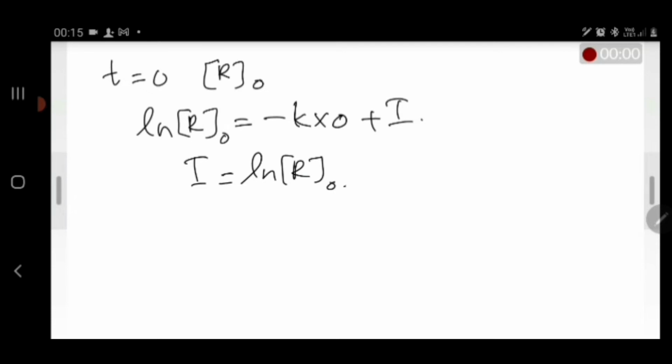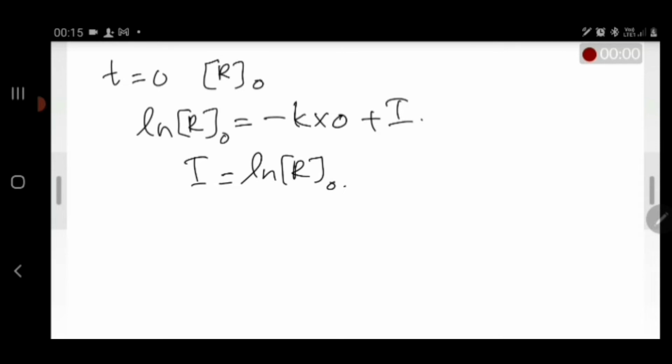So please understand, I is the constant of integration and we have to determine its value. To do so, we assume that the reaction is about to begin, it has not begun, so that R could be taken as the initial concentration R naught.